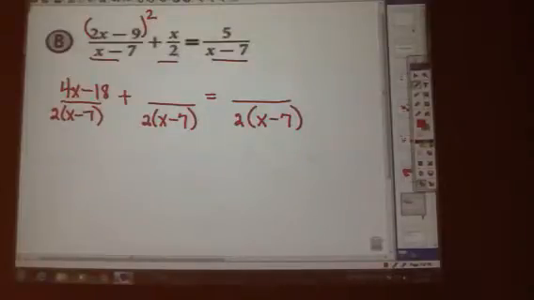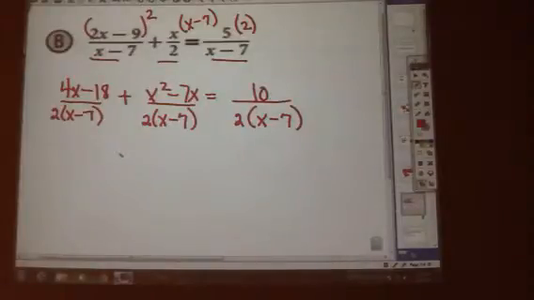What is missing here? x minus 7. x times x is x squared, and x times negative 7 is negative 7x. What's missing here? 2. 5 times 2 is 10.